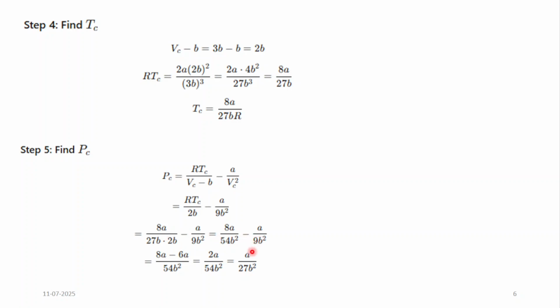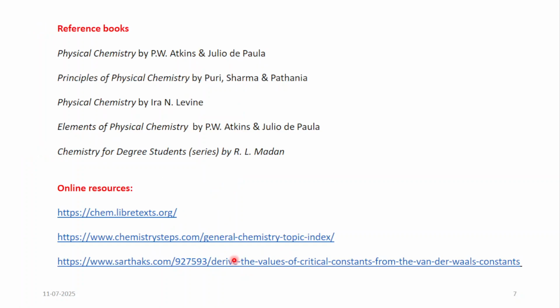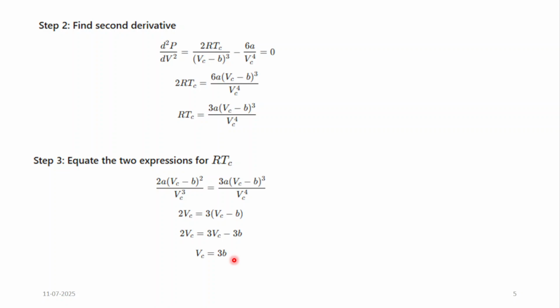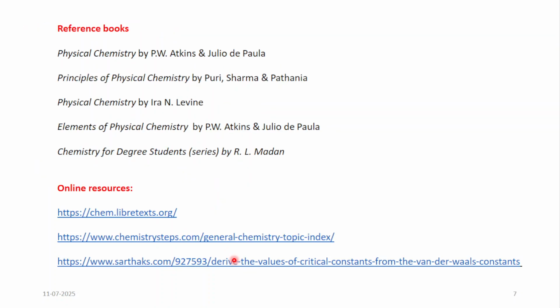So rearrange this: in terms of RTc you can put Tc value 8a/27b, then R gets cancelled, giving 8a/54b² − a/9b². So you can easily get this as a/27b². So Pc is equal to a/27b². So these are the direct relationships of critical constants with the van der Waals constants. Thank you for watching.